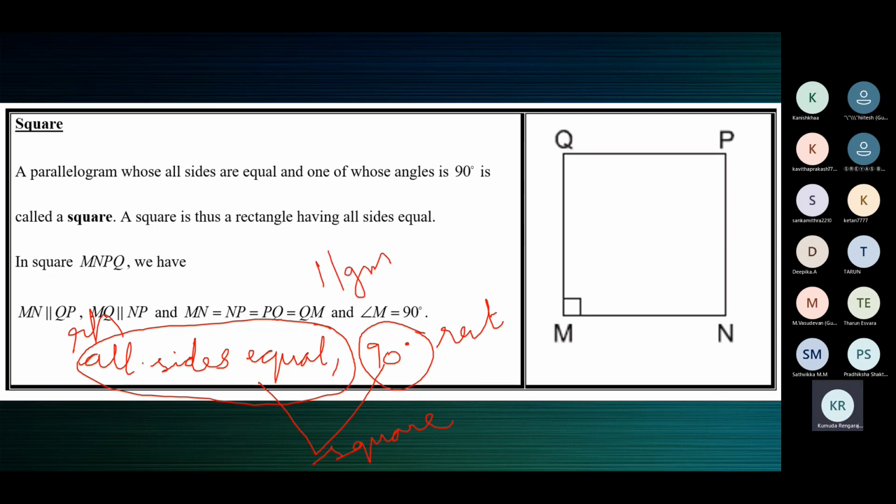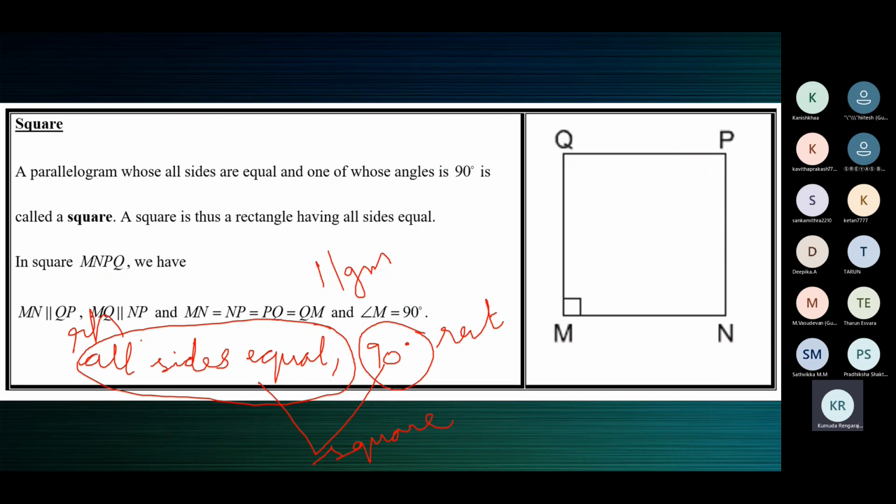In a parallelogram, if all sides are equal, it's a rhombus. In a parallelogram, if one angle is a right angle, is 90 degrees, it's a rectangle. That's the definition of a rhombus and a rectangle.